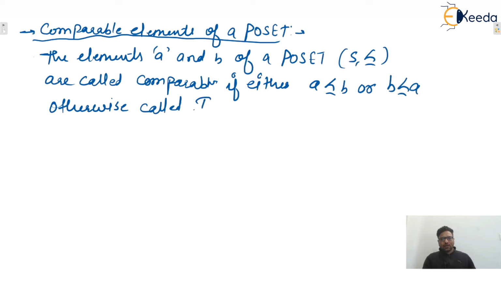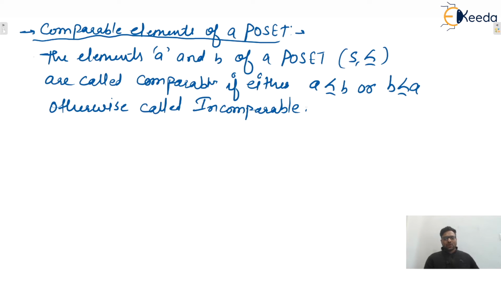So the elements A and B are said to be comparable if A is related to B or B is related to A, otherwise it is called incomparable.